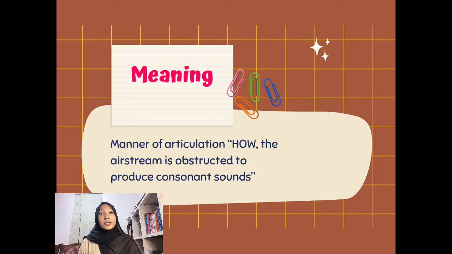A. Whether there is vibration of the vocal folds, like voiced versus voiceless. B. Whether there is obstruction of the airstream at any point above the glottis, like consonant versus vowel. C. Whether the airstream passes through the nasal cavity in addition to the oral cavity, like nasal versus oral.